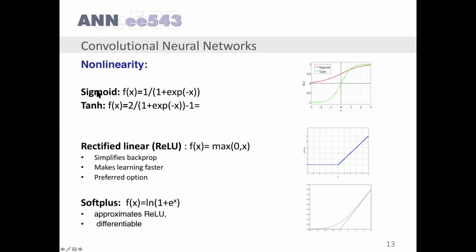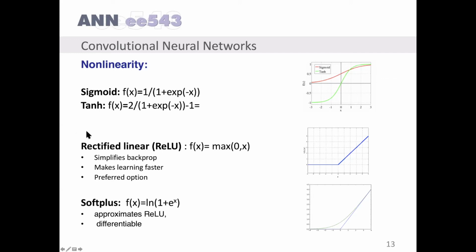Remember that the sigmoid function is defined as 1/(1 + exp(-x)), and the tangent hyperbolic function is defined as 2 times sigmoid minus 1. If we consider the shapes of the sigmoid and tangent hyperbolic, they are S-shaped, while sigmoid has values between 0 and 1. Tangent hyperbolic has values between -1 and +1.